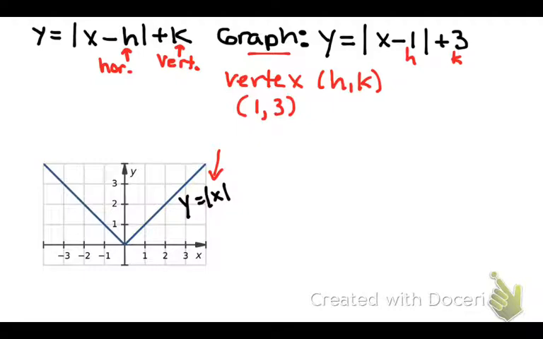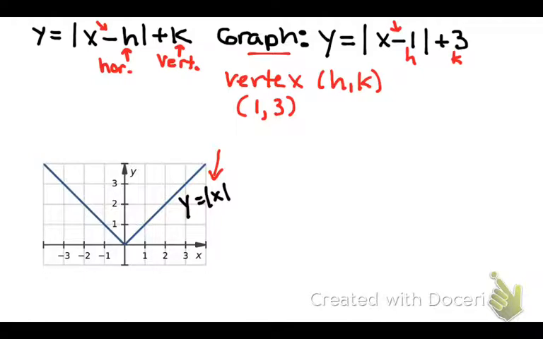And you might ask yourself, why isn't it negative 1? Because in the absolute value we have this negative 1. The reason is because our formula, or our original equation, gives us that negative 1.